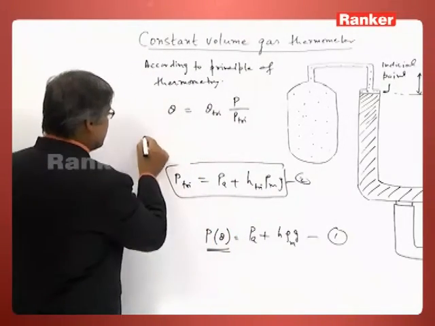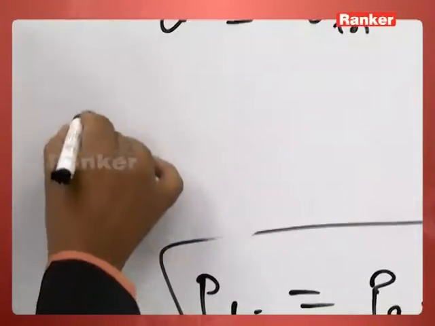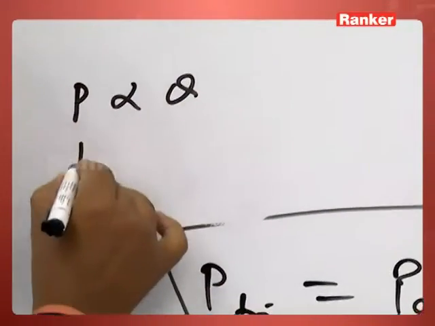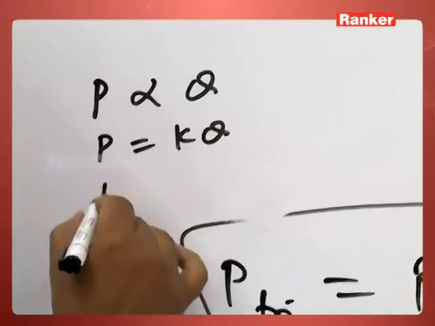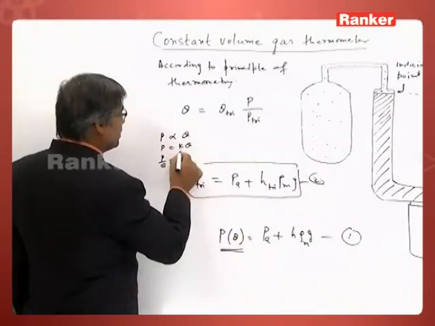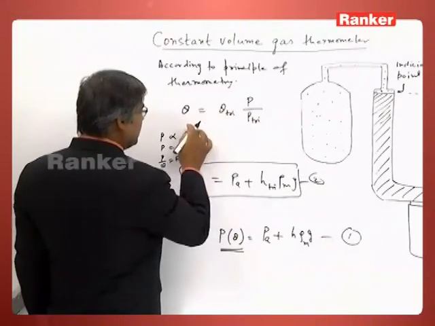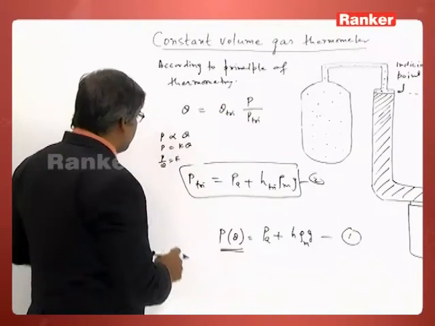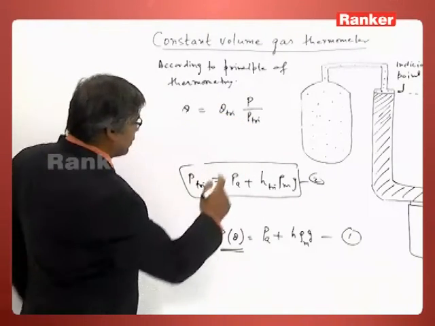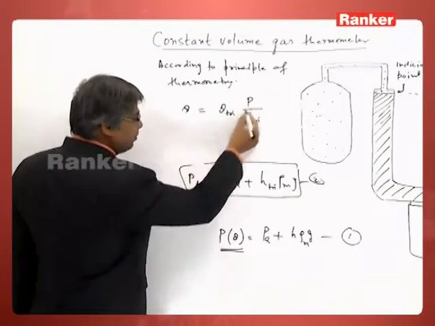So since we can say pressure is proportional to theta, we can write P is equal to K theta. So we have P by theta is equal to K. So theta by P is equal to theta triple by P triple. So you see, now we will put this P value here and P triple value here.